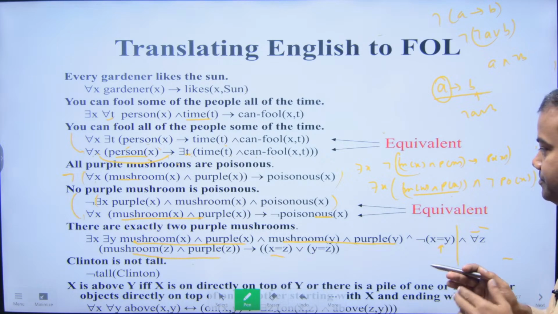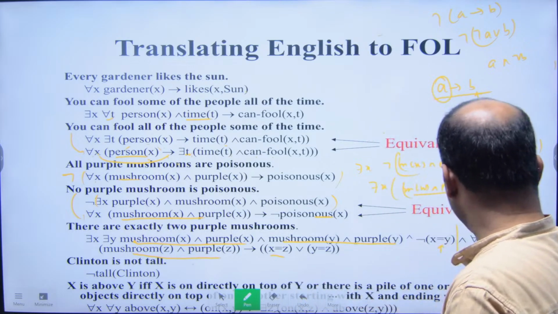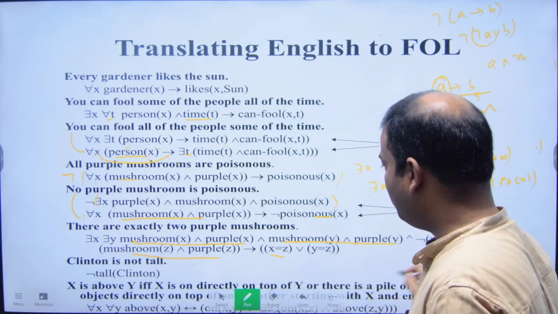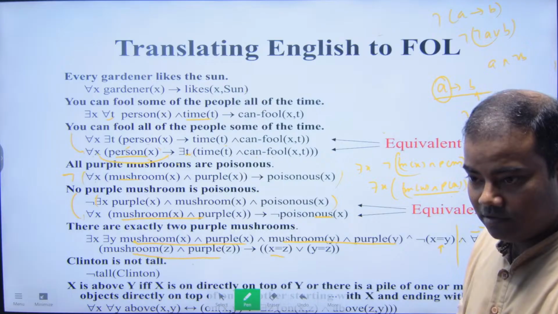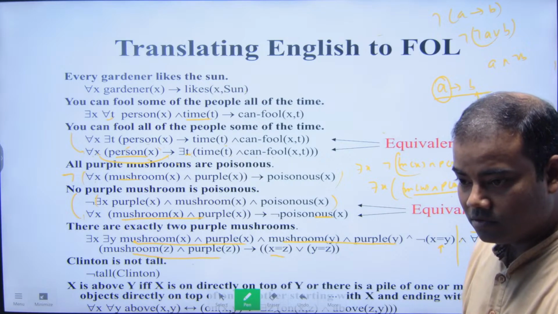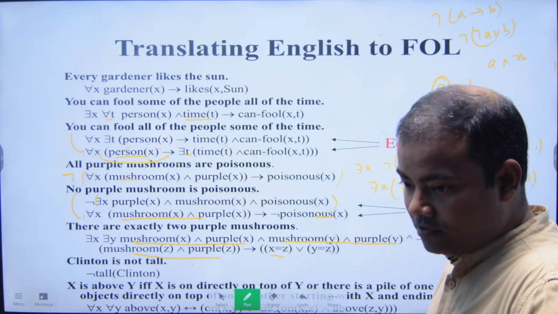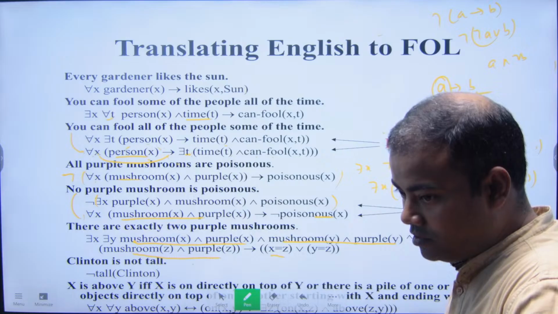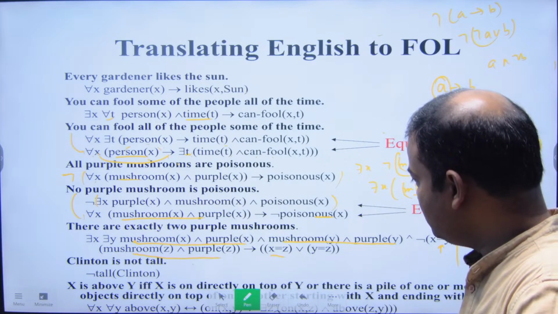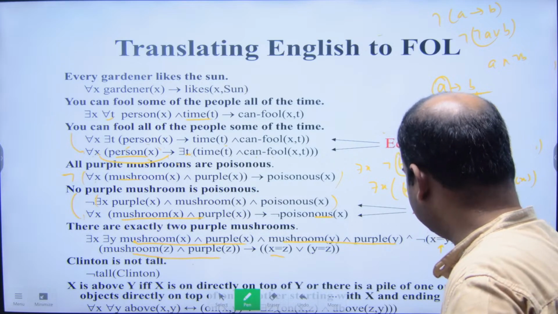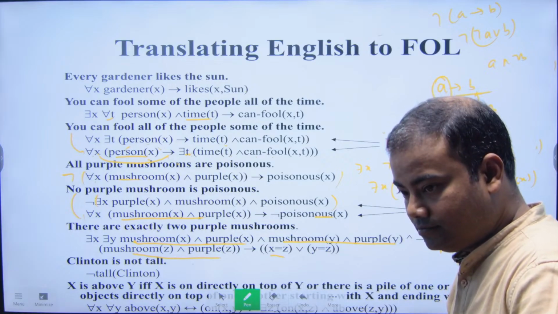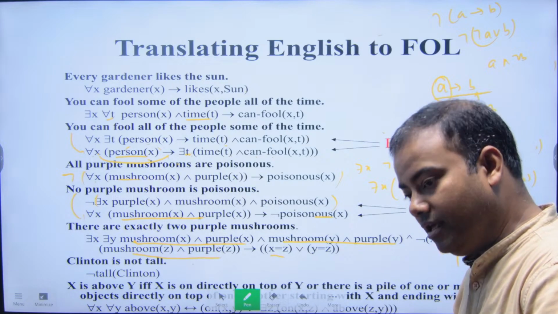Now how to construct that number? Now I am doing AND with one more condition. What I understood, can I tell? Yes, please. So basically, there exist 2 purple mushrooms. Yes. Which are not the same. Yes, this is. And Z represents the remaining mushrooms. Yes.